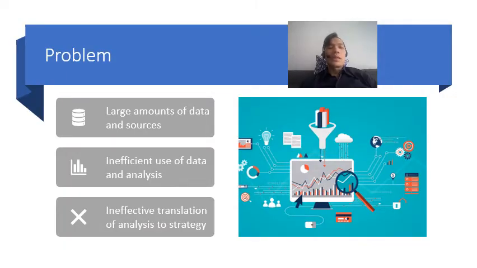The problem is that there is a lot of data, and a lot of people use this data and don't even know where these sources of data come from. This is actually a problem that you will find when we talk about big data later on in one of the video series. There is also inefficient use of the data and the analysis used on it, and ineffective translation of this analysis into strategy that actually works for the company.